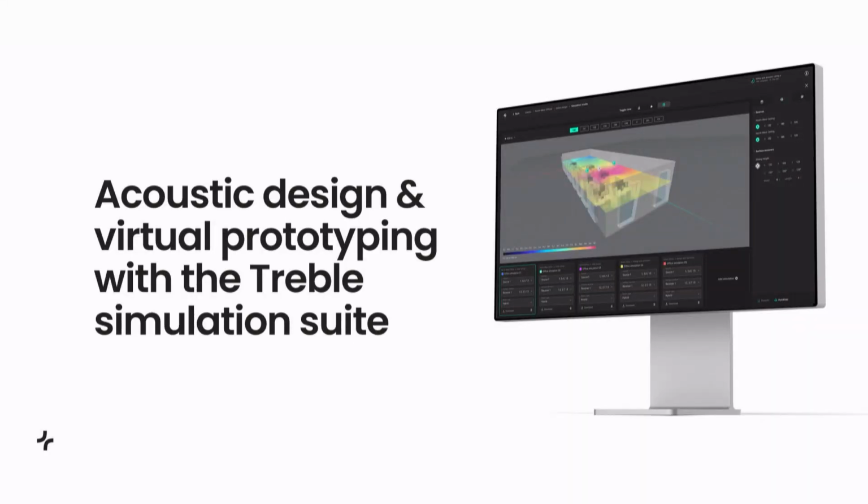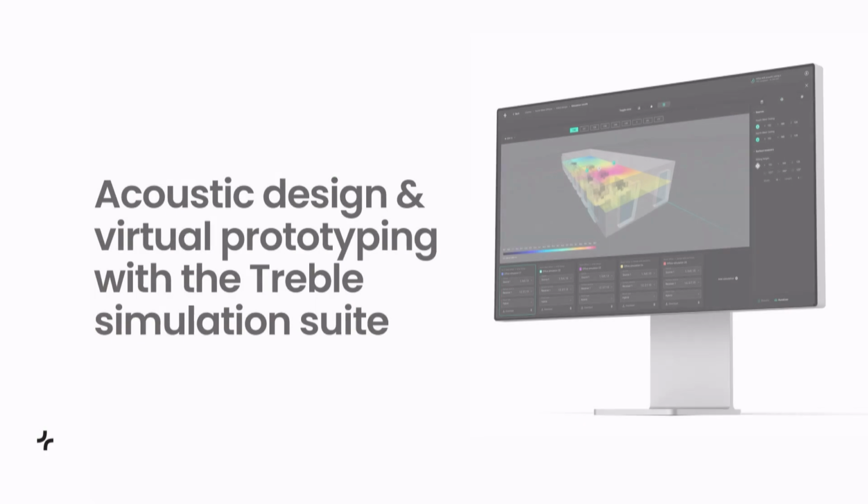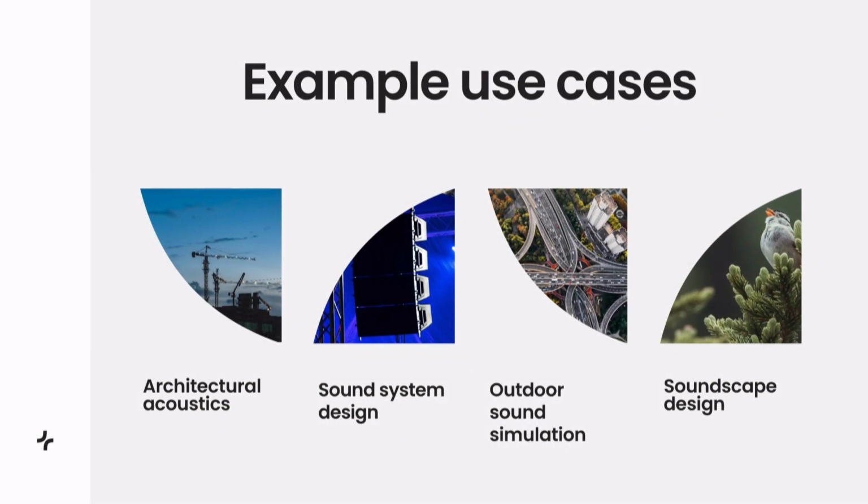The Acoustic Simulation Suite is this graphic user interface tool, which I'll be showing today and talking about new features of. This product can be used for various different things, some of which are shown here. The initial target use case we had in mind when making this product is architectural acoustics or room acoustics design.